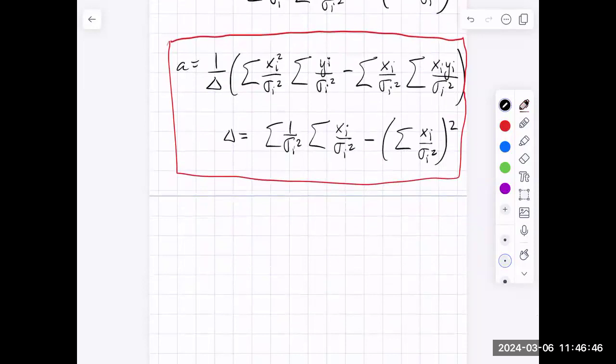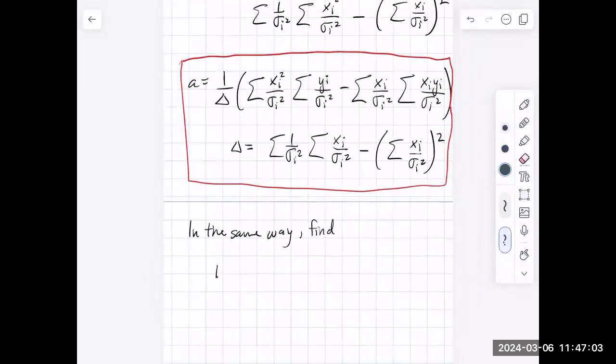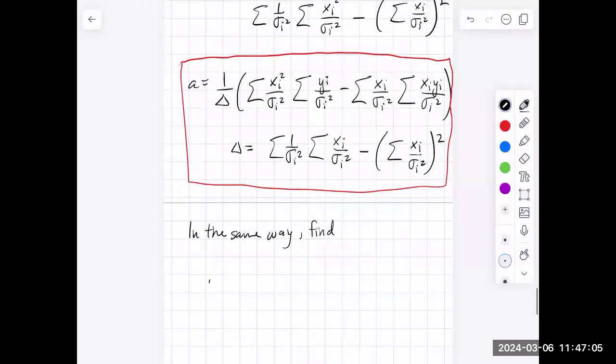Okay, so in the same way, if you do this for the slope, you will find that B is equal to, it has the 1 over delta.